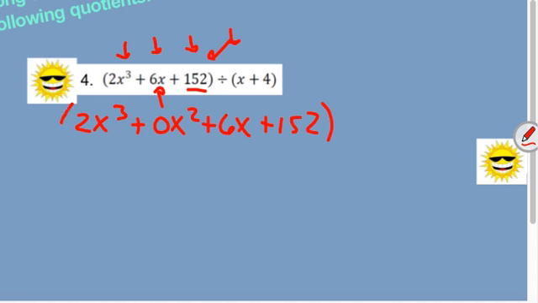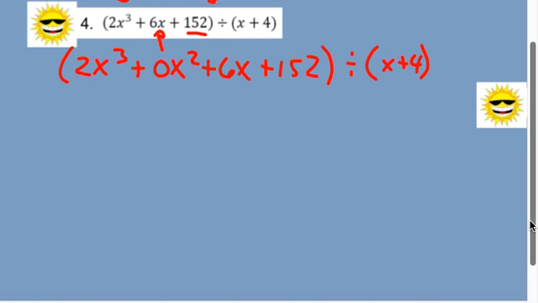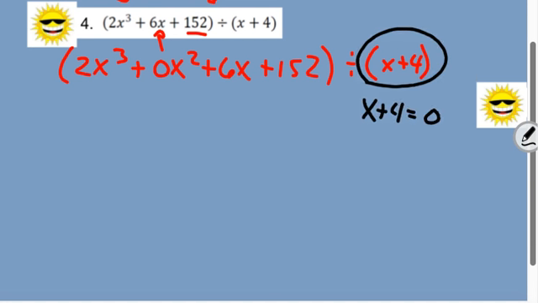This whole thing is divided by x plus 4. Okay? So now it's set up so I can actually do the problem. We're dividing by a binomial here, this x plus 4. Set it equal to 0 and then solve for x. You would subtract 4 from both sides. x equals negative 4. Okay, that negative 4 is the starting point.